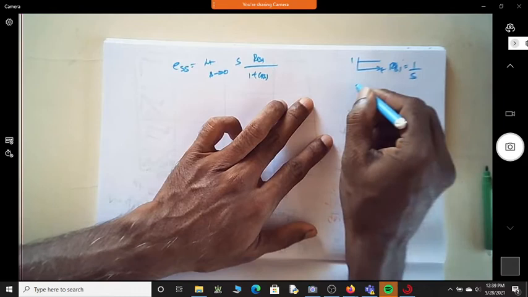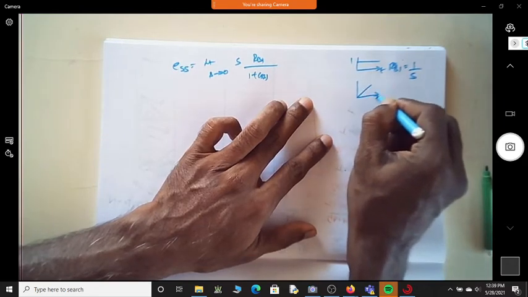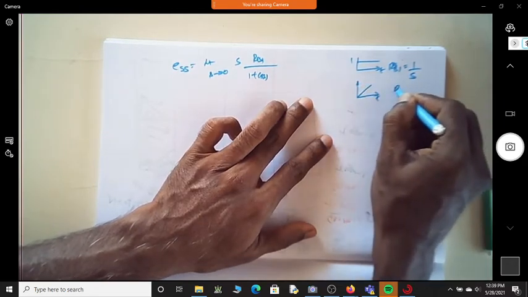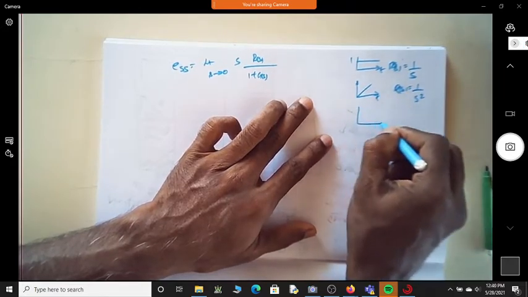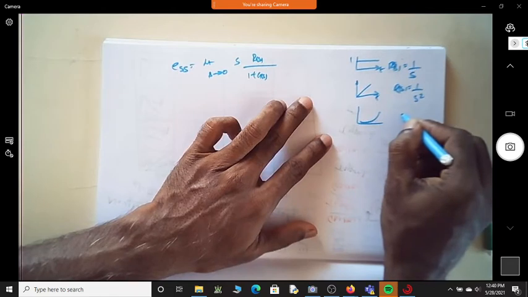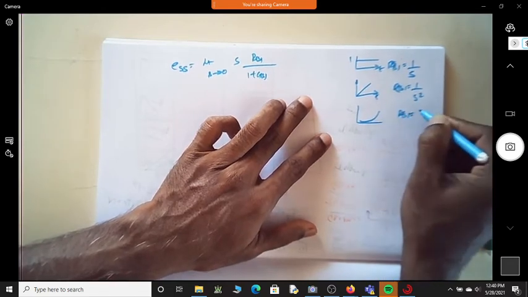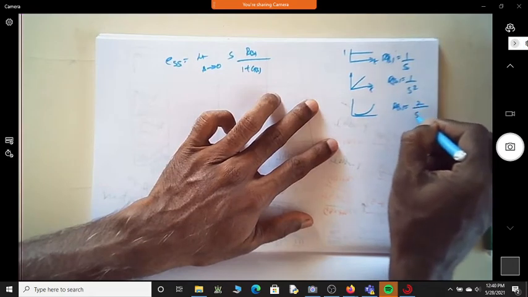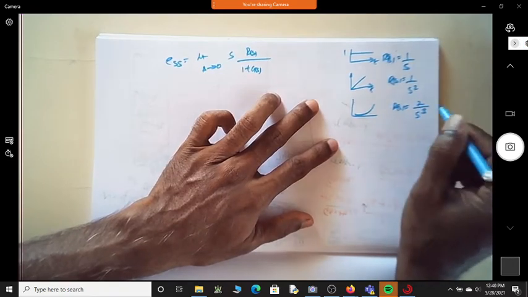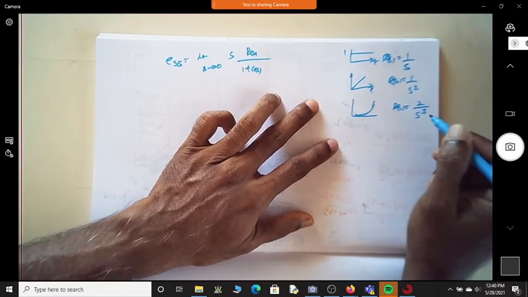Yes, sir. For a ramp input, R(s) is equal to 1 over s square. Yes, sir. For the parabola, what is that? Is it 2 by s cube?